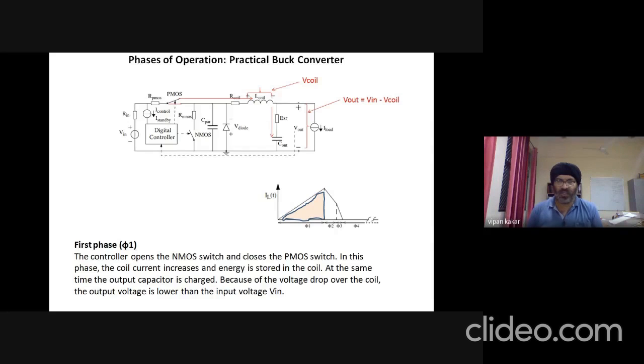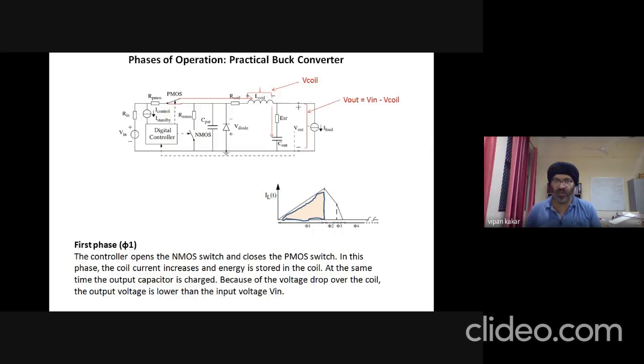The sum of the voltages in a loop is 0 as per Kirchhoff's voltage law. So V in plus V out plus V coil is equal to 0. In that case, we can say V in minus V out is equal to V coil, or V in minus V coil means the voltage dropped at the coil.